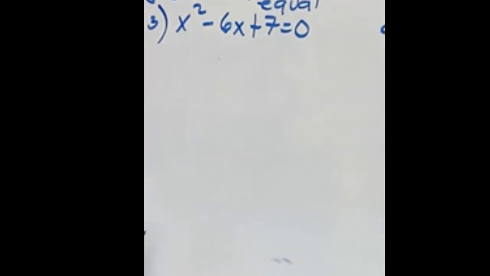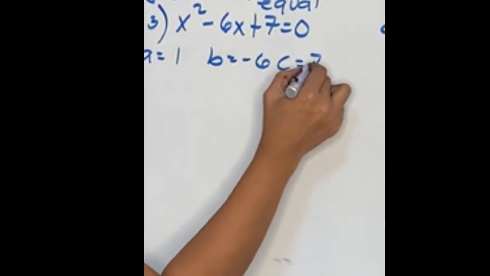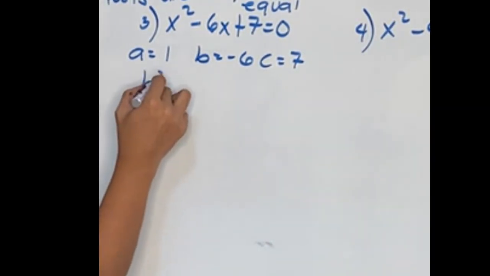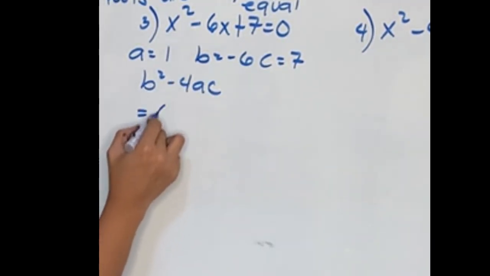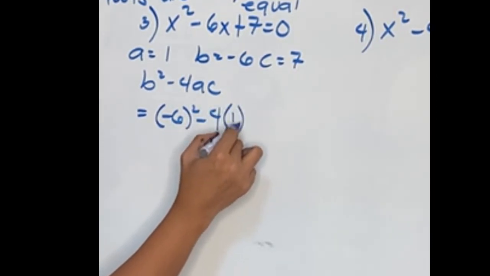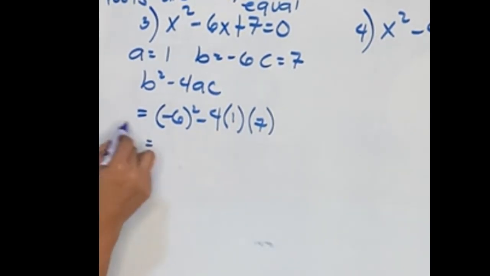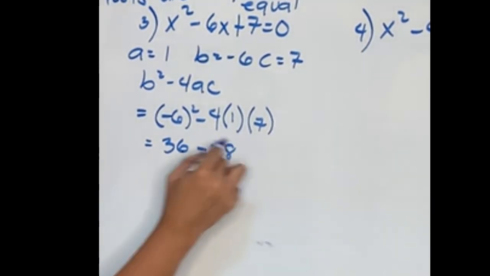Consider number 3. Get the values of a, b, and c. A is 1, b is negative 6, c is equal to 7. Plugging into our formula, b squared minus 4ac, that is negative 6 raised to 2 minus 4 times 1 times 7. Continue, we will get 36 minus 28.